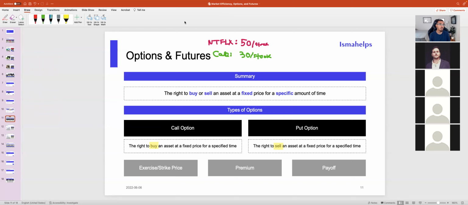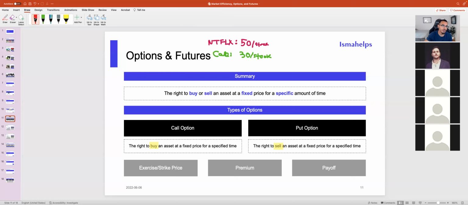Just write the amount, 50 or 30. Bishil says 30. Lean says 30. What else we got? 30. Exactly. So you would rather use your right to buy Netflix at $30 than to buy it at its trading price of $50. That wouldn't make sense.